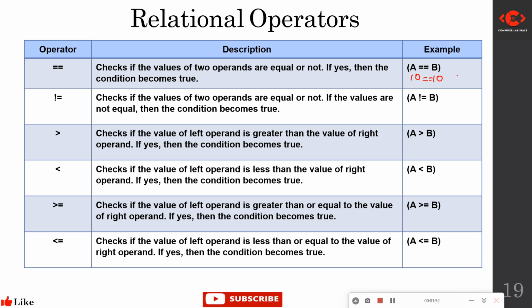If this condition is true, it returns 1 as a boolean value which represents true. Similarly, 10 not equal to 10, the condition is false, so it returns the value 0 as the result. And whether a is greater than b, for example b's value is 5, 10 greater than 5, we get 1 as the result. Then 10 less than 5, the condition is false, so 0. Like this, these are some of the relational operators we can use.